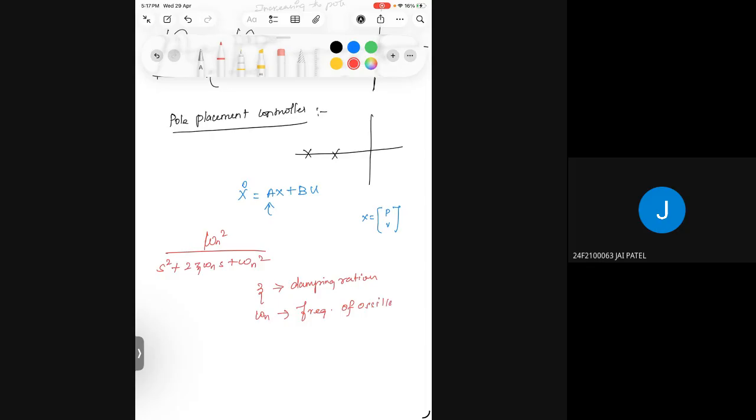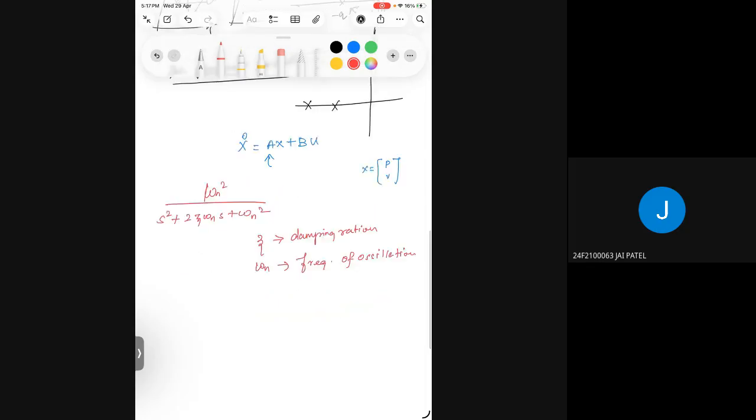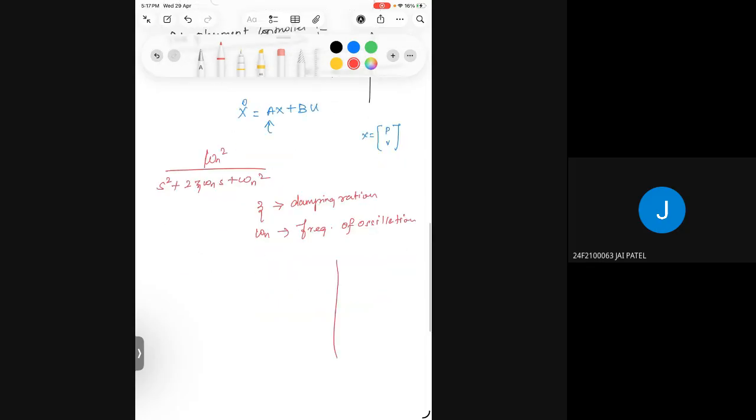This zeta will decide how much overshoot my system is going to have. If my zeta is between 0 and 1, I have a nominal overshoot and a longer settling time. And omega n decides the frequency of the oscillations. That is how we define a second order system in a transfer function representation.